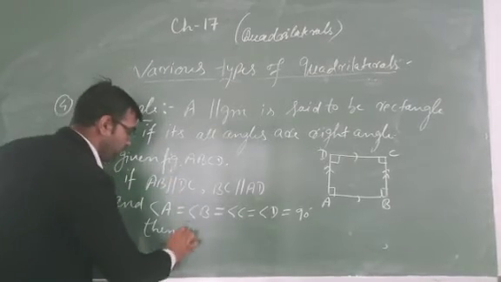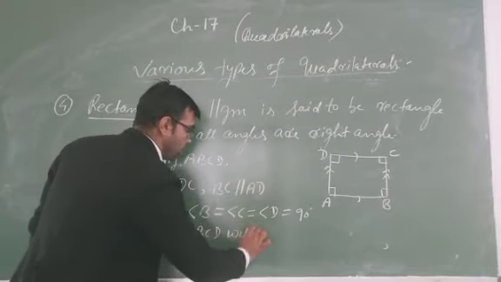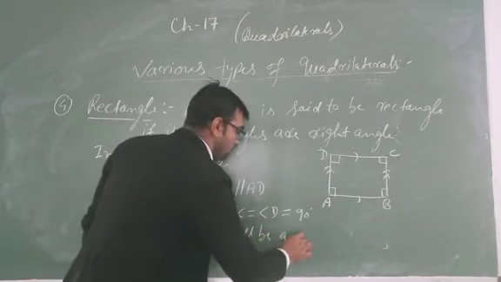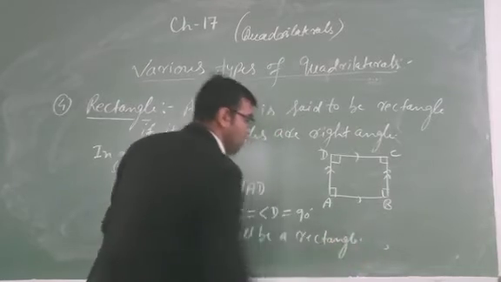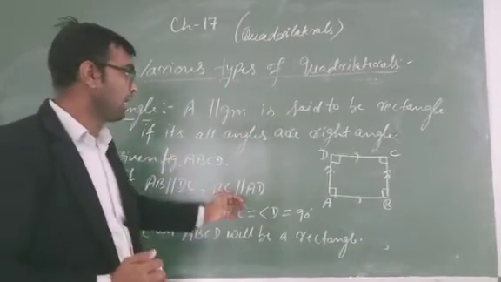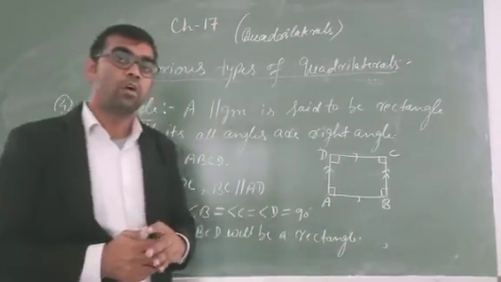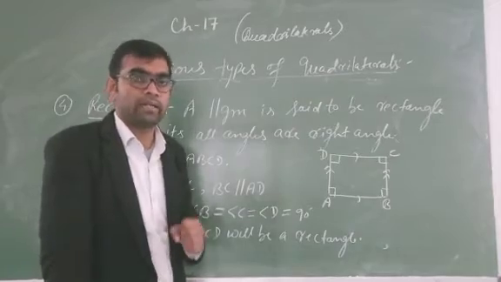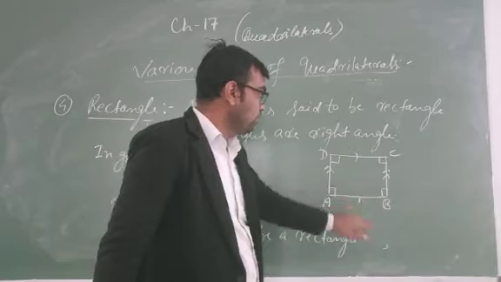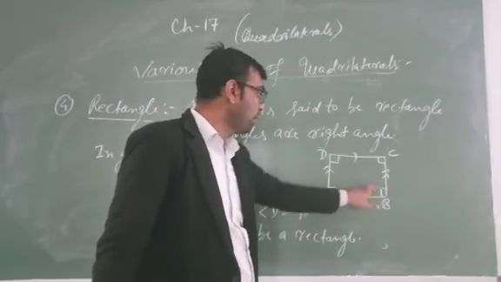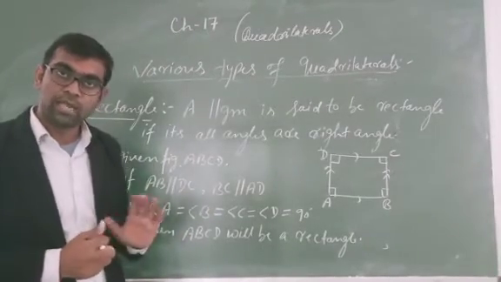Then ABCD will be a rectangle. A parallelogram is said to be a rectangle if all of its angles are right angles. I hope it is clear.